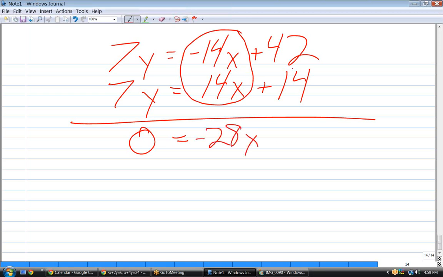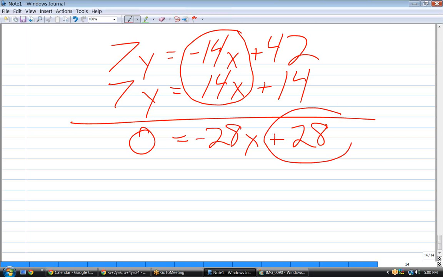And what is 42 minus 14? 28. Now what's the next step to solve this? Trying to isolate x, so then you subtract 28.